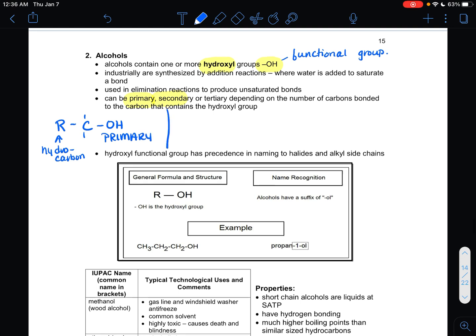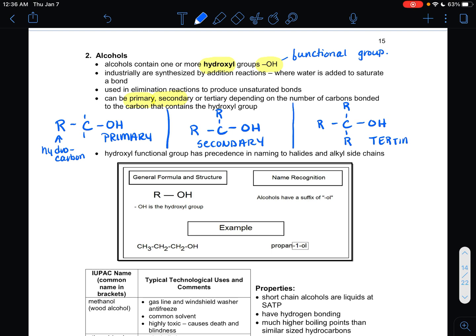For a secondary alcohol, you have that hydroxyl group on the carbon, but that carbon is attached to two hydrocarbon chains. So that's a secondary alcohol. And a tertiary, I'm pretty sure you can relate to what that's going to be. There's my hydroxyl functional group, and it's going to be attached to three hydrocarbon chains. All right, so that's primary, secondary, and tertiary.